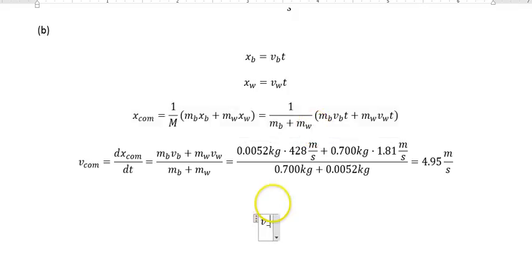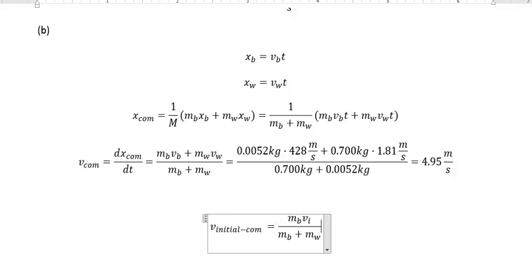So if we looked at the initial center of mass, that's just going to be MB vi divided by MB plus MW, right?